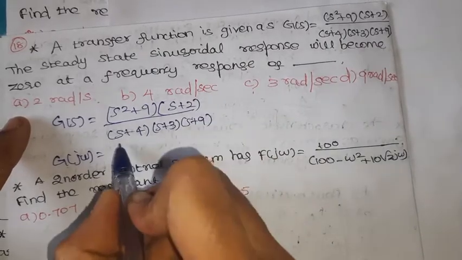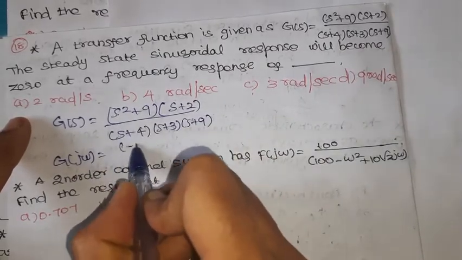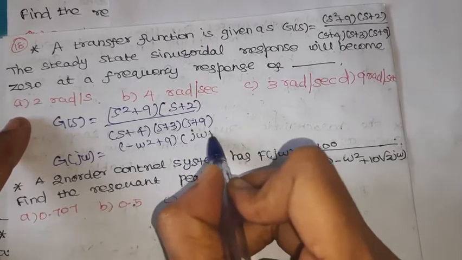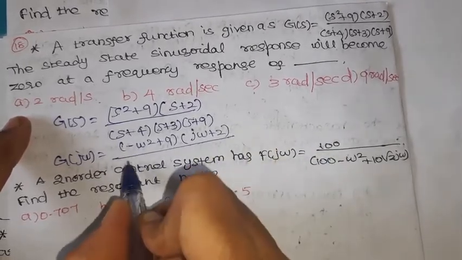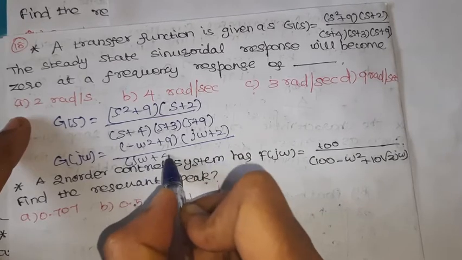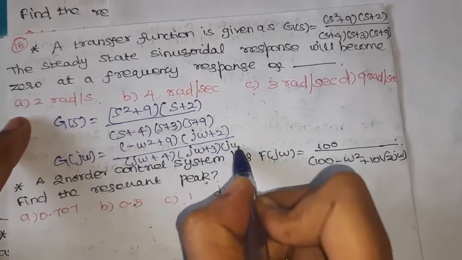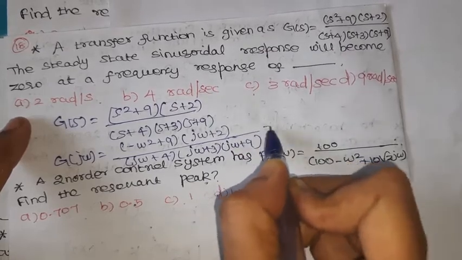So s squared is minus omega squared, 9s is 9 j omega, plus 2, divided by (j omega + 4)(j omega + 3)(j omega + 9), equal to 0.